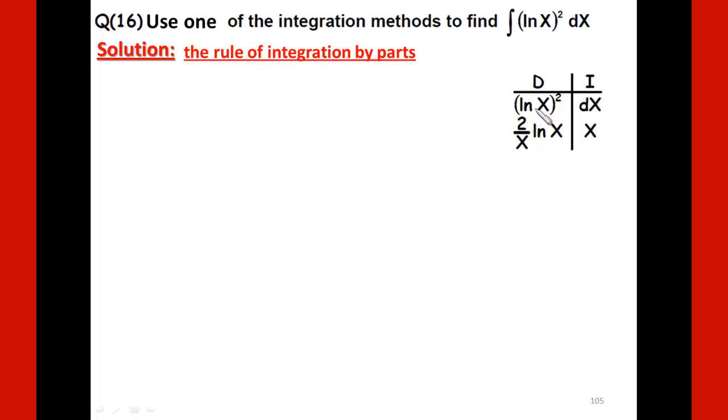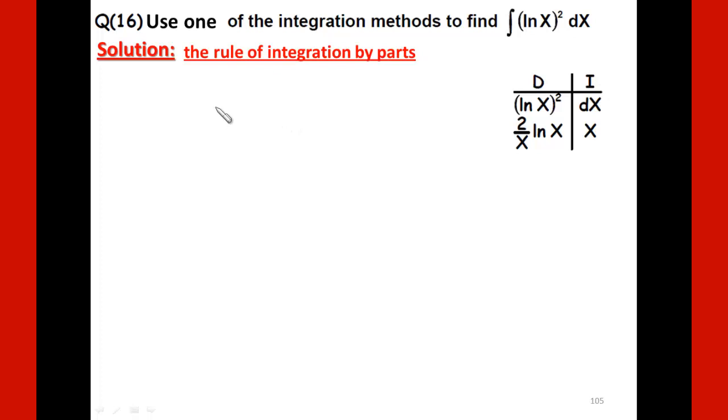It is 2 ln x multiply the derivative of ln x, and the derivative of ln x is 1 over x. We got 2 over x times ln x. The integration of dx is x. Note that it's easy to make the integration of dx, so we choose dx to make the integration to it.